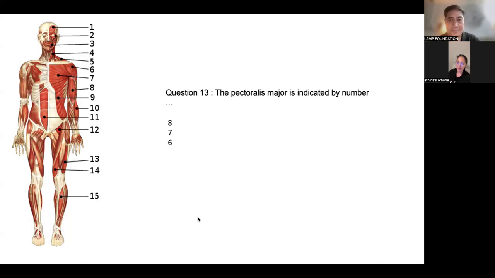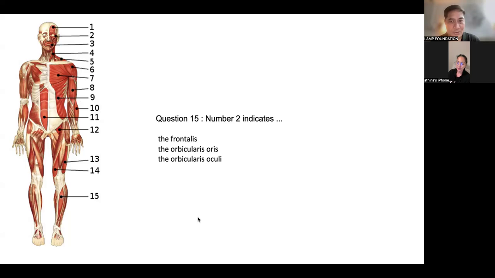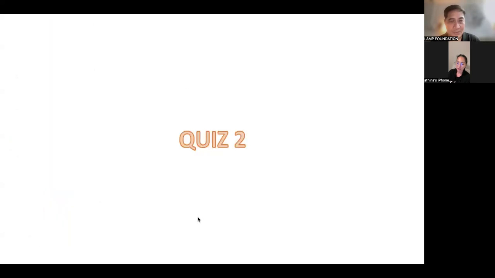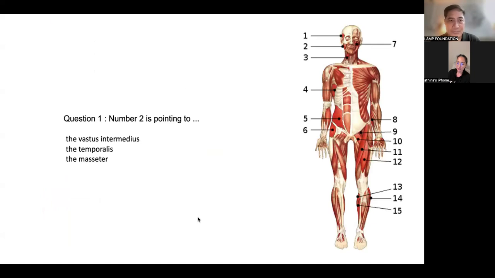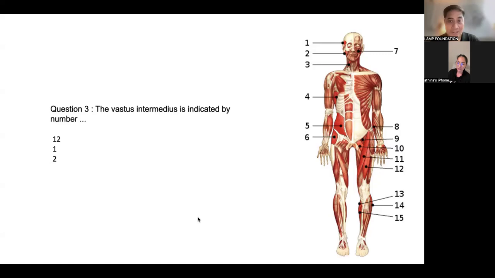Pectoralis major, number 7. Number 1, frontalis. Number 2, that's the orbicularis oculi. Number 2, that's the masseter.